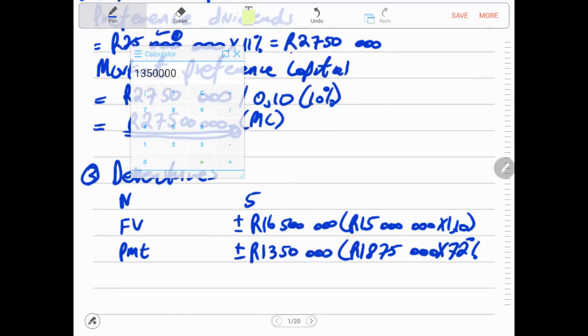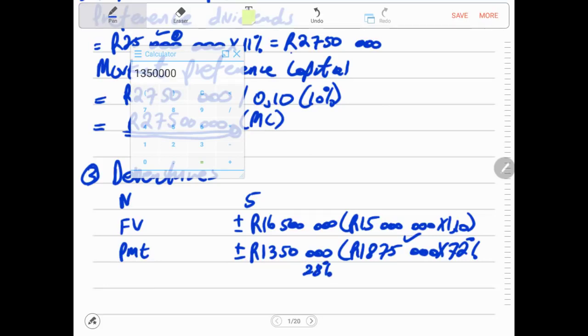So this is the interest that will be paid to our debenture holders, but this is after the tax implication has been considered, because we pay the 1,875,000 to our debenture holders, but SARS will allow us a deduction of 28%.